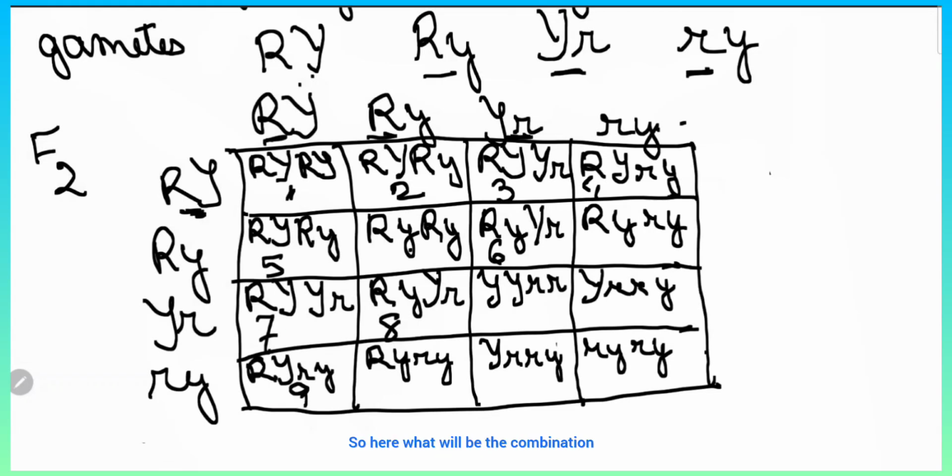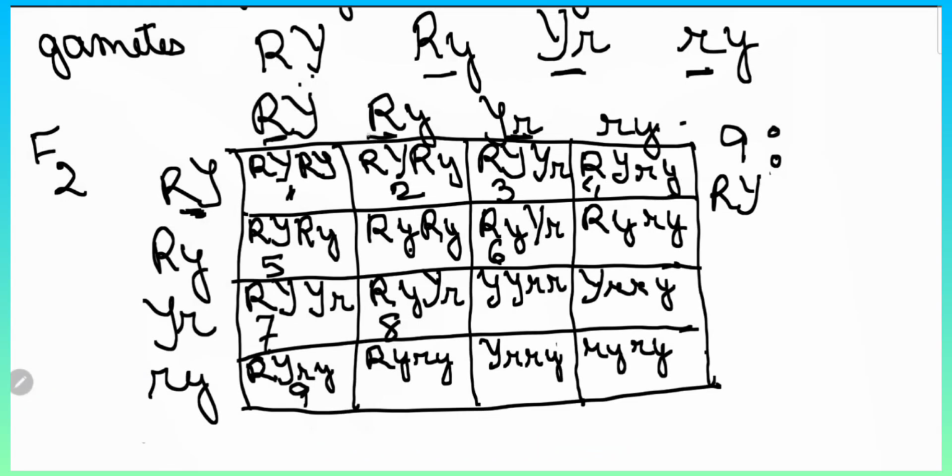So here what will be the combination? 9 plants will be showing both the dominant, that means capital R and capital Y. So 9 of the plants are showing this, and then we mark the ratio like this. Now we see what is our second combination. The second combination may be like this, capital R and small y.